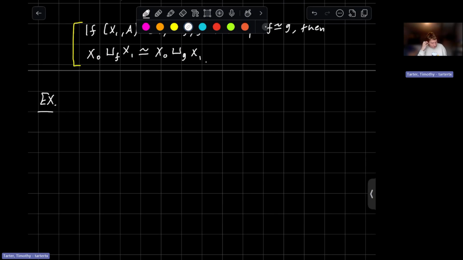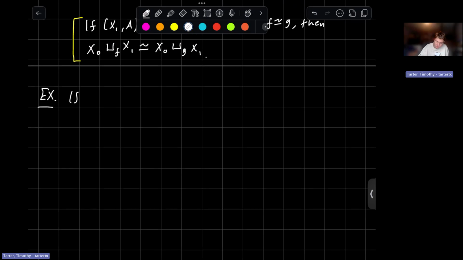So here's an application of the earlier fact that collapsing a contractible subcomplex is a homotopy equivalence.